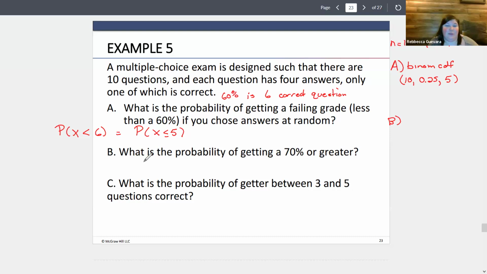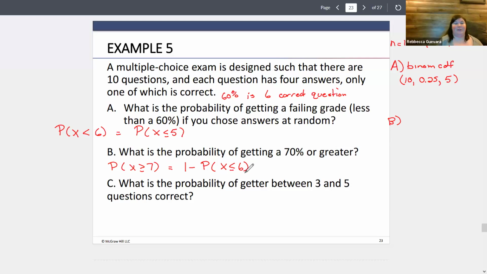If we do B, B is what is the probability of getting a 70% or greater? So X is 7 or greater. Another way of looking at this is 1 minus the opposite, because binomcdf is always looking at less than.